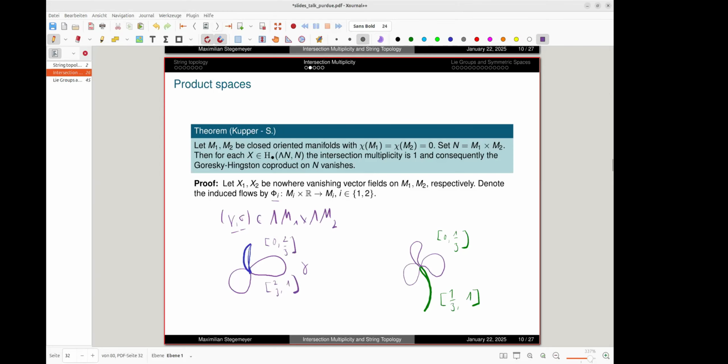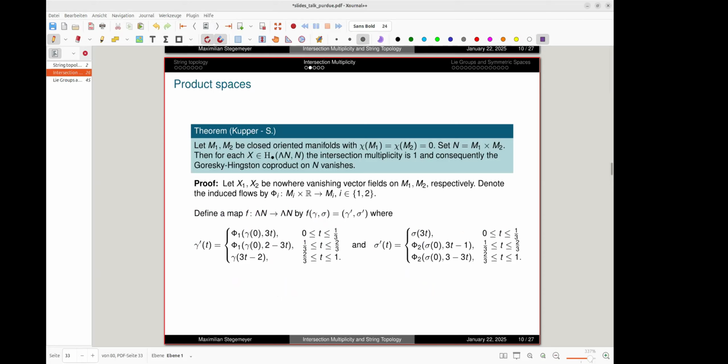You can write this down explicitly, but the formulas are not so interesting. The point is that we can define a map from lambda n to lambda n. Here we attach this flow to the loop gamma, then we go around gamma, and here we do it the other way around.